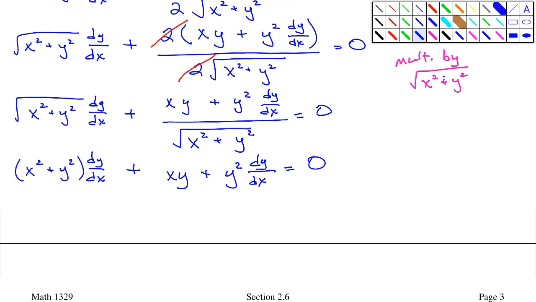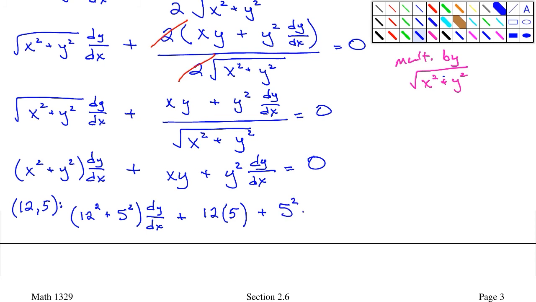Now, I think at this time I'm just going to plug in the numbers. So I'm going to plug in 12 and 5 into the equation and then solve for dy/dx. So this is going to be 12 squared plus 5 squared times dy/dx plus 12 times 5 plus 5 squared times dy/dx equals 0. 12 squared plus 5 squared is 169 times dy/dx. 12 times 5 is 60.